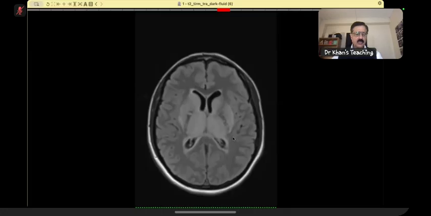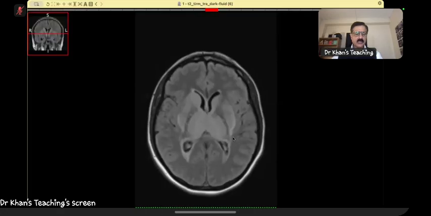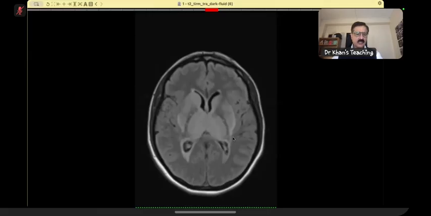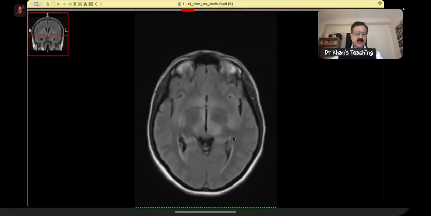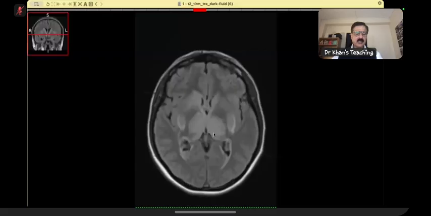If you go to the pathophysiology, in dural venous sinus thrombosis there is basically venous congestion and venous edema, and that is why at this level there is compression and hydrocephalus.